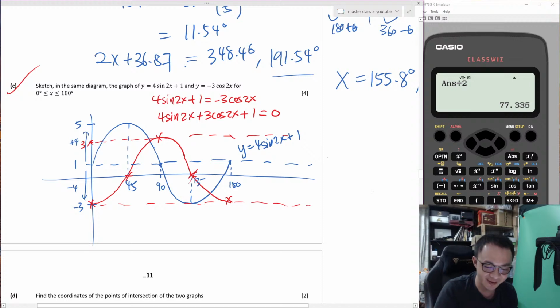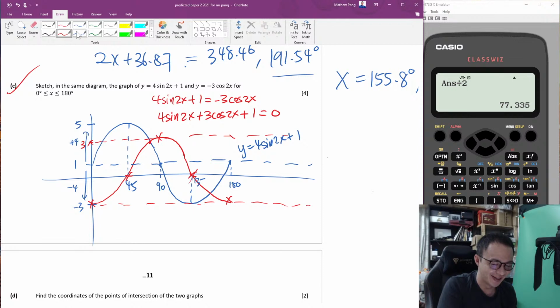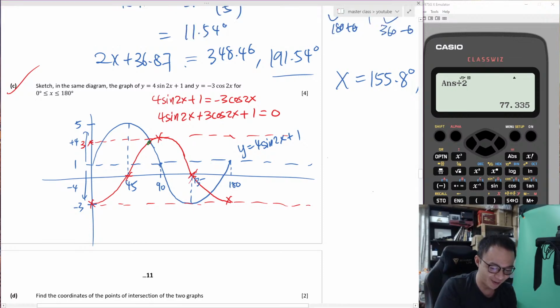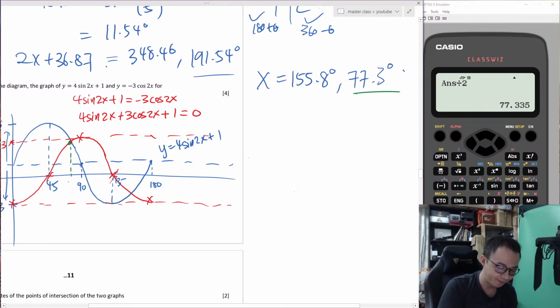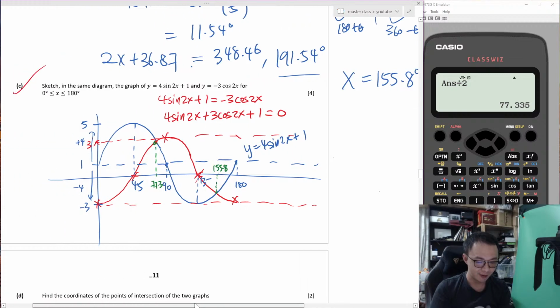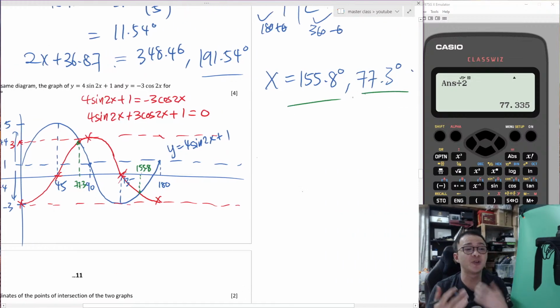Okay, then this intersection makes sense now. Or else I would have got the wrong answer. So this intersection should be the first answer here, 77.3. Then the second intersection will be here, 155.8. So just copy these two answers because we solved them already.